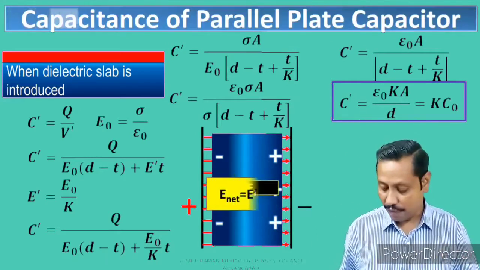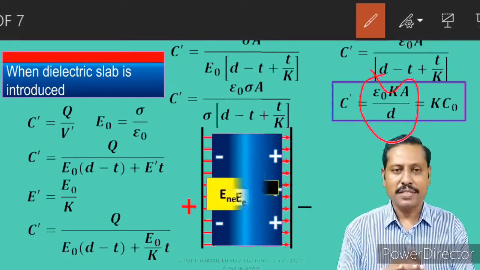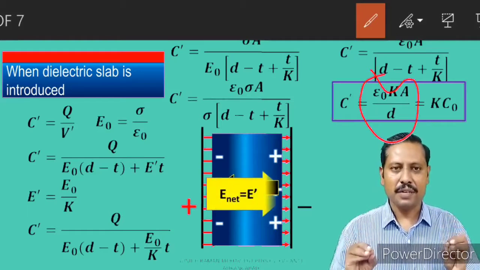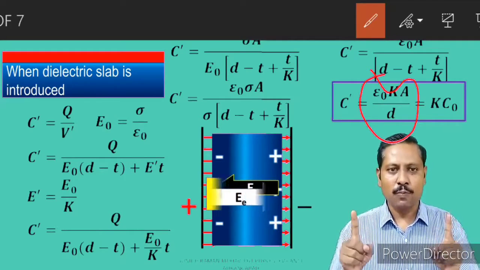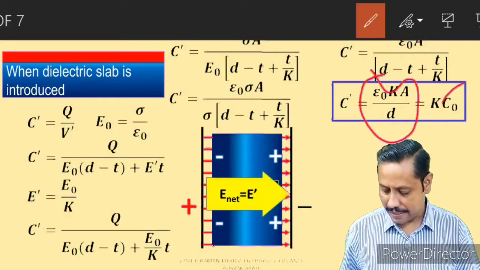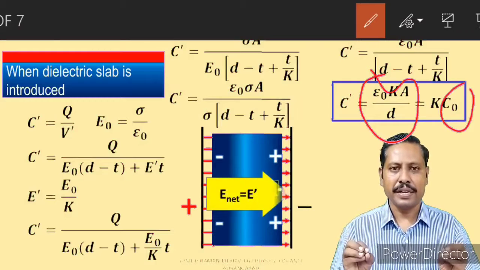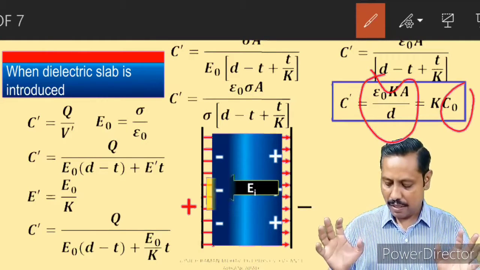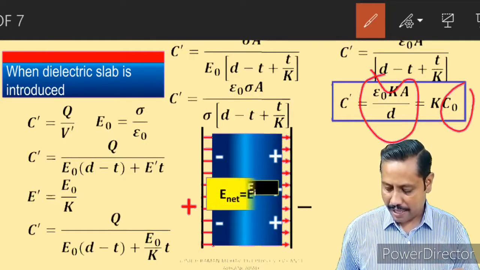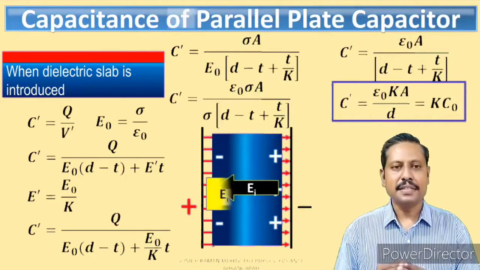Look at the equation carefully. This epsilon 0 A upon d, what is that? It is the capacity when air is between the two plates having separation d. So let me call it C0, the capacitance when air is filled. So we can write C dash equal to K C0.